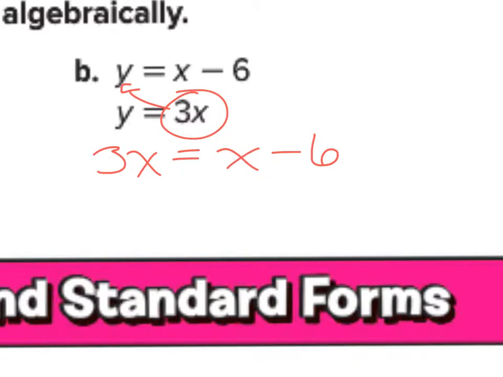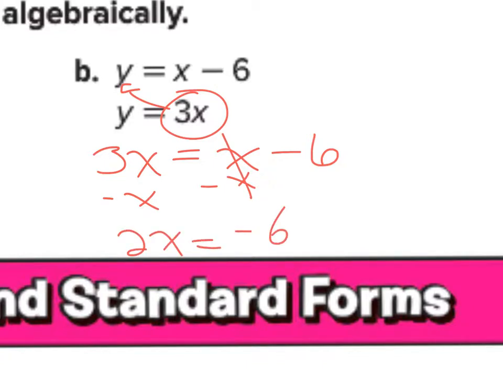Or I can do the subtraction property of equality, like I did before, subtracting the x from both sides so that it's gone. So x is gone here, and over here I'm left with 2x equals -6.